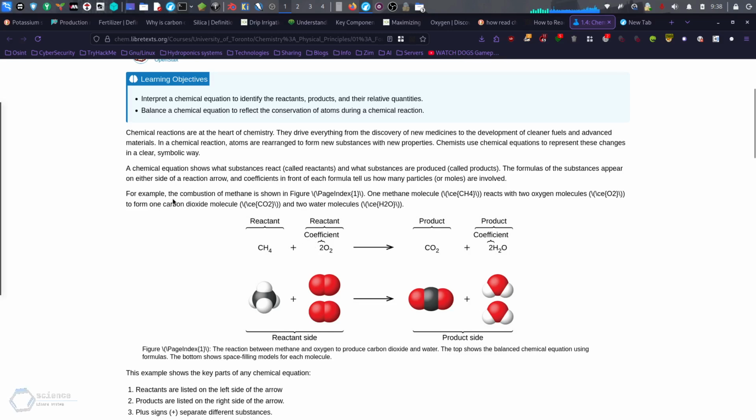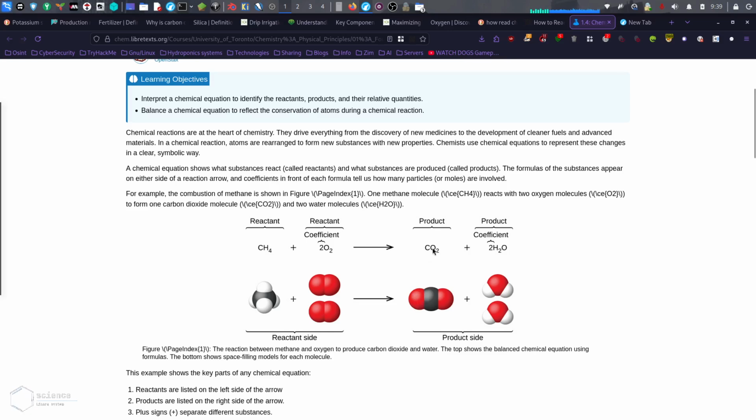We're reading, for example, 1 methane molecule reacts with 2 oxygen molecules to form 1 carbon dioxide. Di means 2. Oxide means oxygen atom. If we get 1 oxygen atom connected to this carbon atom, we say carbon oxide.